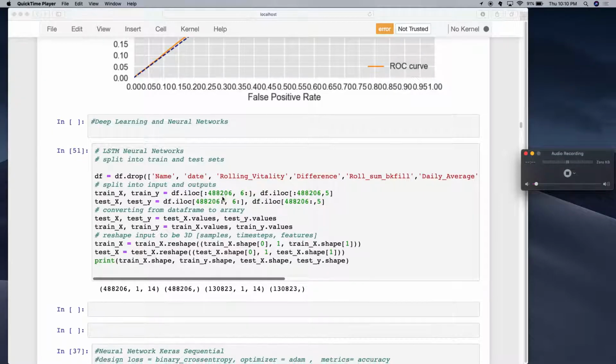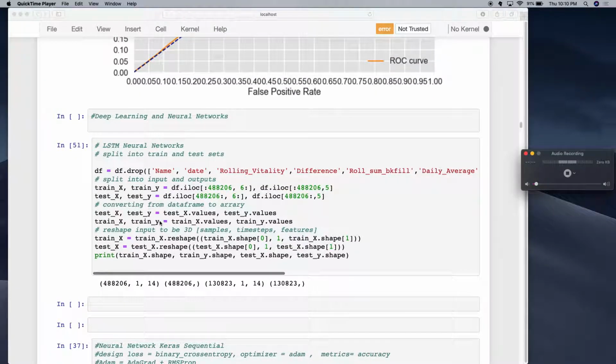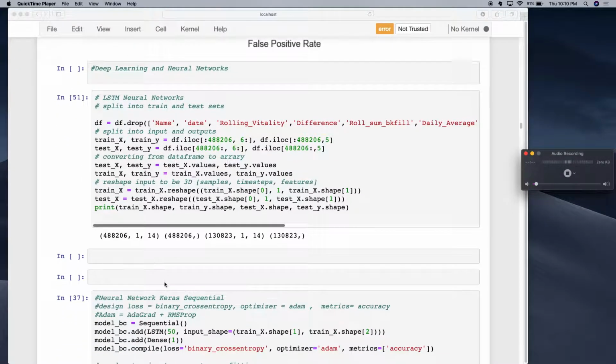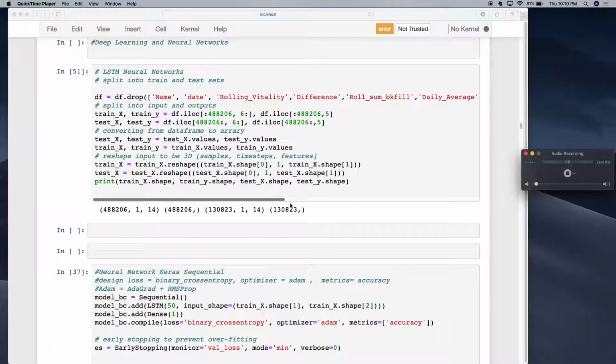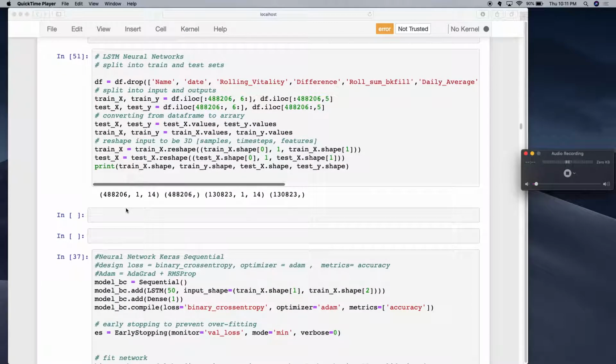The train-test split was then divided 80-20%. There were approximately 600,000 entries in this data set.